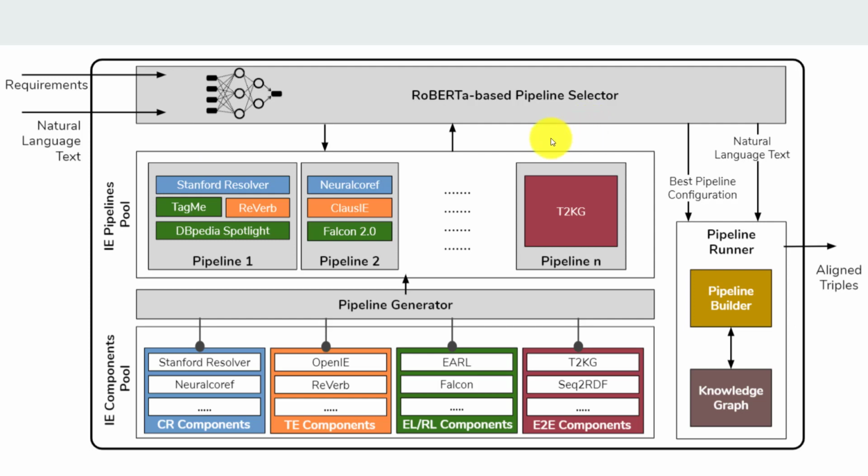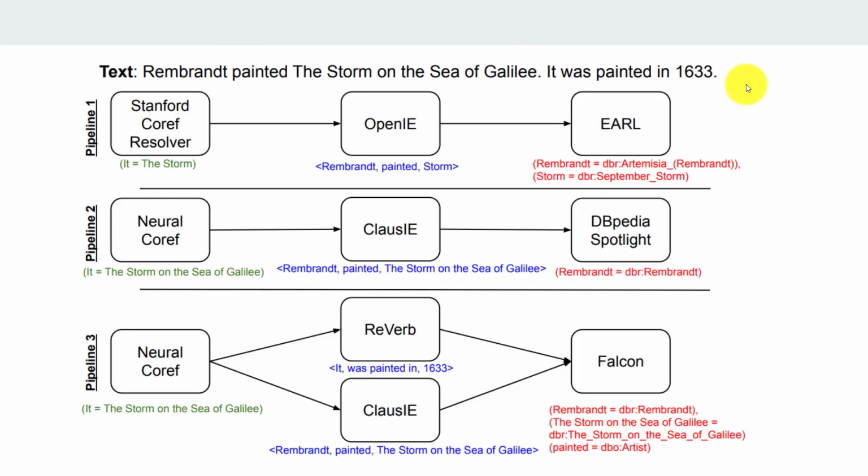The framework utilizes a Roberta-based pipeline selector, which is a transformer-based model that tries to classify a given input, which is natural language text, with certain requirements, like for example, what is the knowledge graph that this pipeline should work on, and tries to find the most suitable pipeline in the pipeline pool and runs it on it.